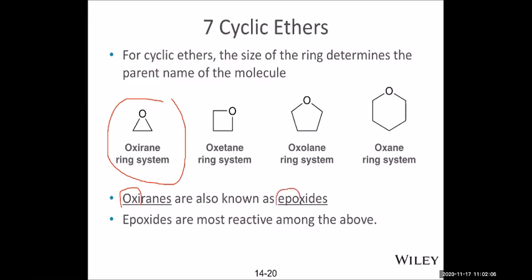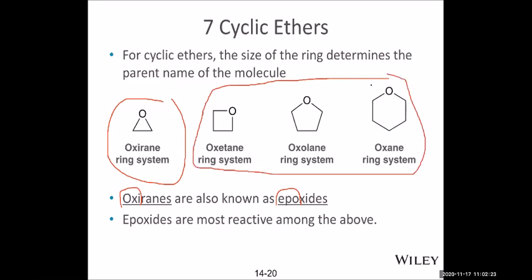This only applies to the 3 carbon, 3 atom ring with oxygen in it. And so the other ethers behave like regular ethers, chemically very stable, and need a strong acid and a long time to break them down into alkyl halides.